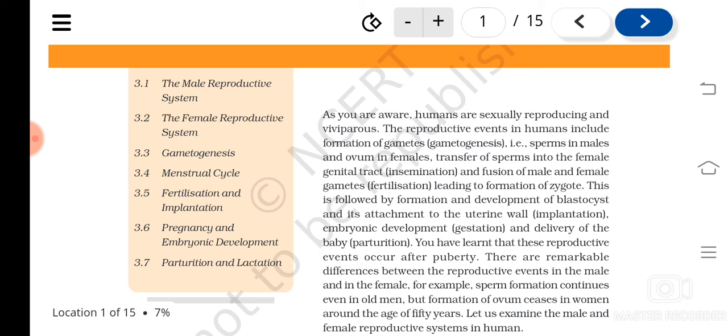After that, the zygote develops into a blastocyst and its attachment is known as implantation. All this can be asked, so each of this should be very clear for you. Embryonic development is gestation, and delivery of the fully matured baby is known as parturition. All these are the events taking place during reproduction in human beings.